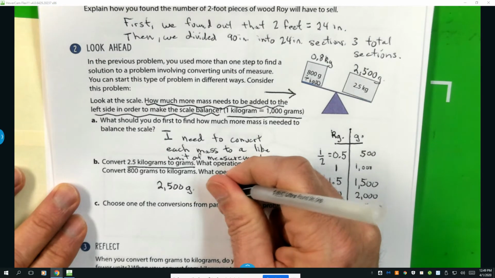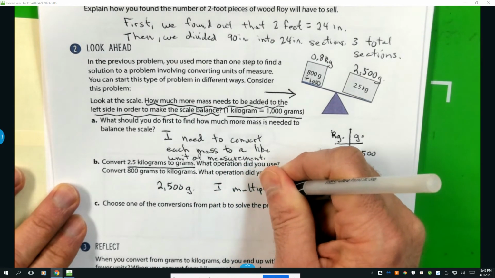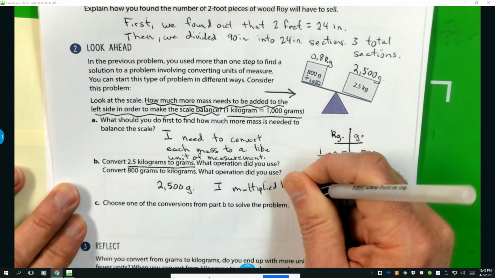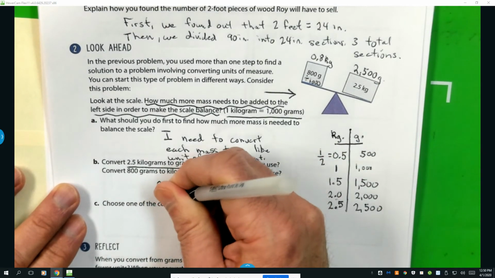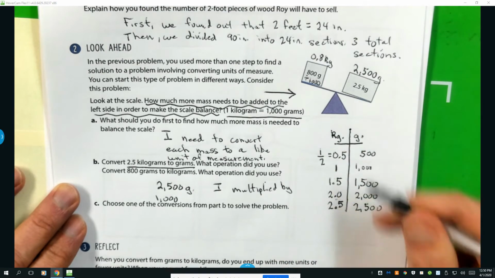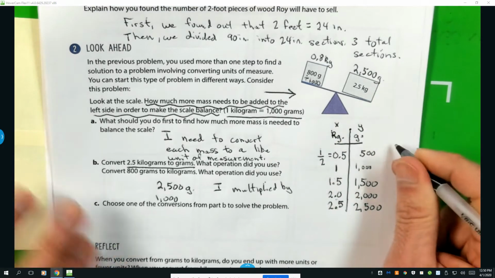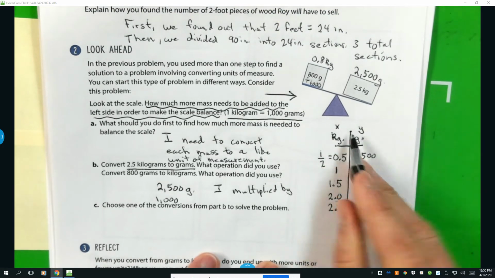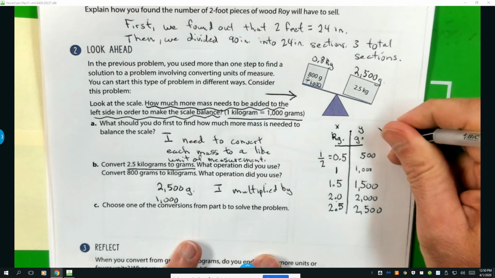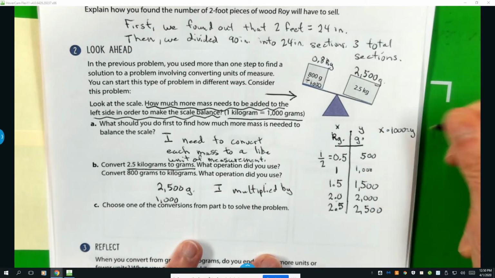Well, I multiplied by 1,000. Now remember, if I am going from kilograms to grams, this is my x coordinate on the left, this is my y. To go from kilograms to grams, I'm going to simply go x times 1,000 will equal y.